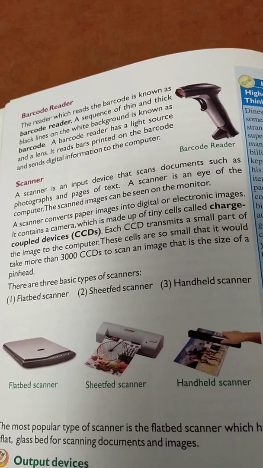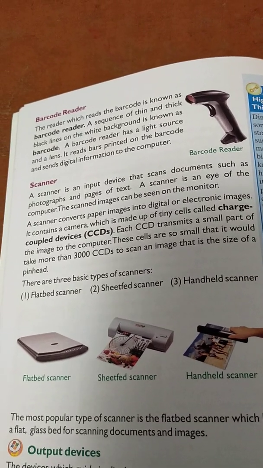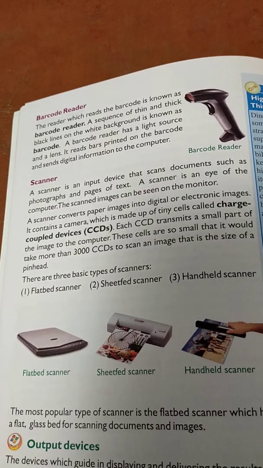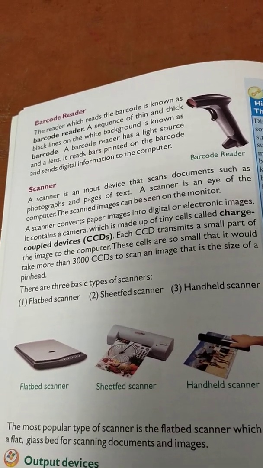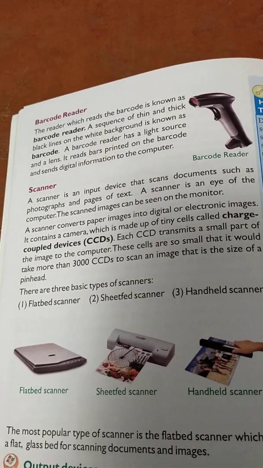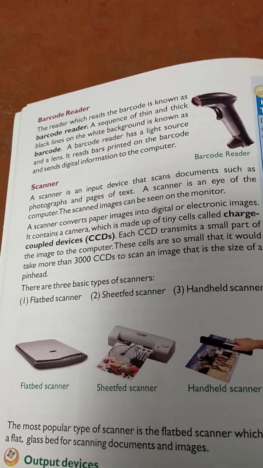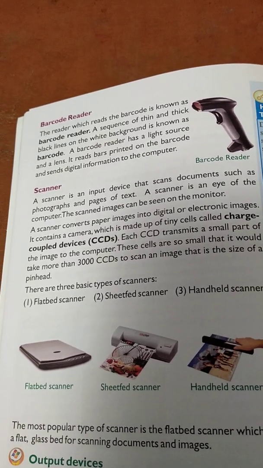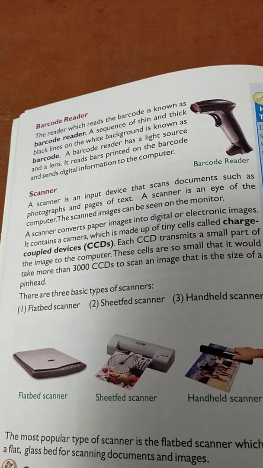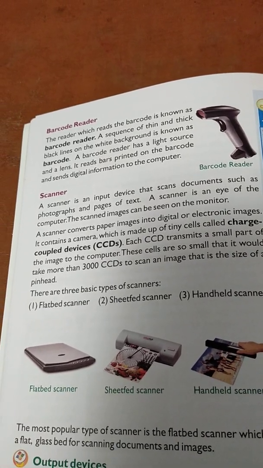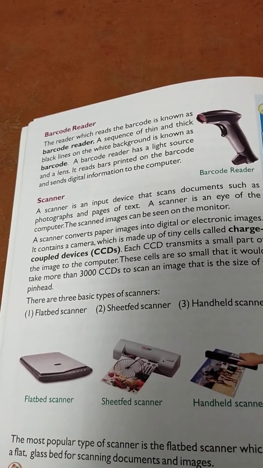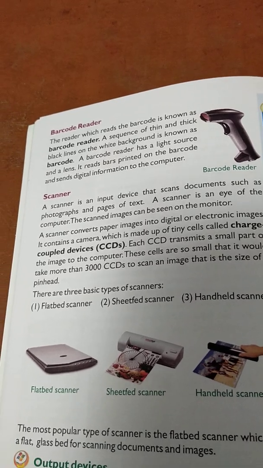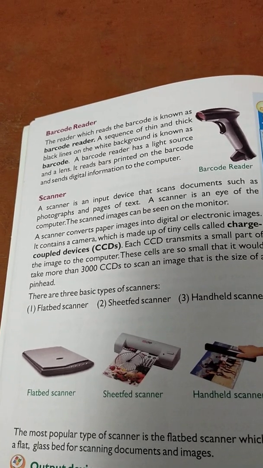The cells are so small that it would take more than 3000 of them to scan an image. And there are three types of scanner. Flatbed scanner, which is very flat. Sheet fed scanner, which just rolls the sheet through for scanning.